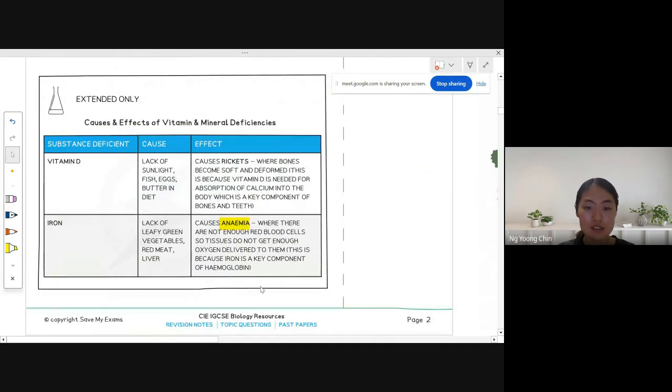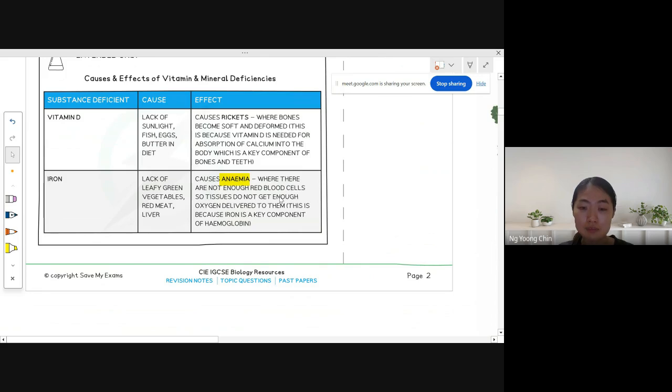So if you are lacking iron, that means you don't have enough red blood cells, because iron is one of the components of red blood cells. If you don't have enough red blood cells, you will suffer from anemia.